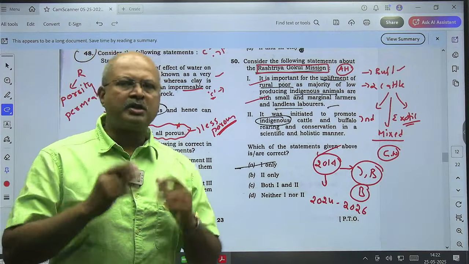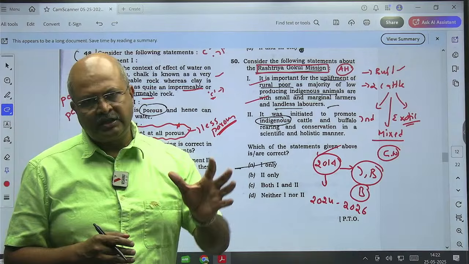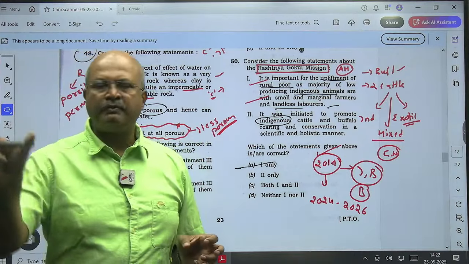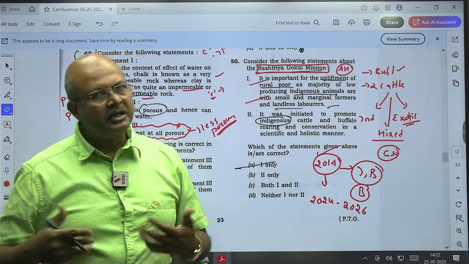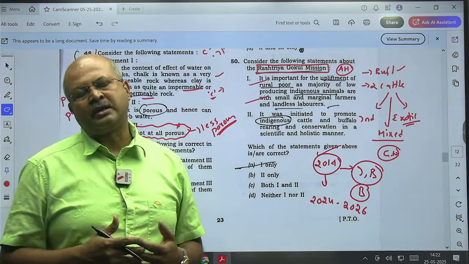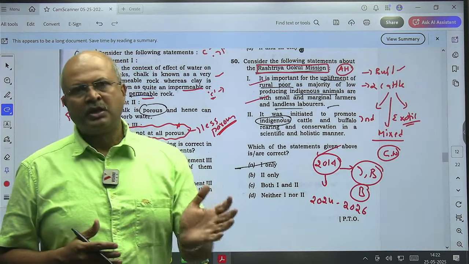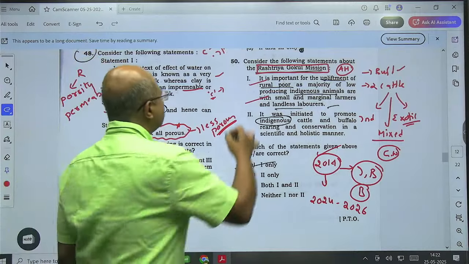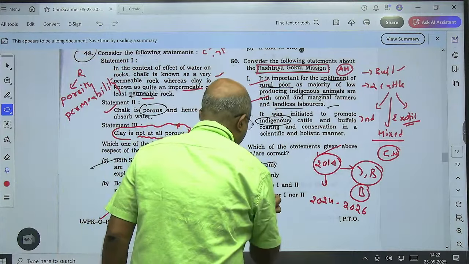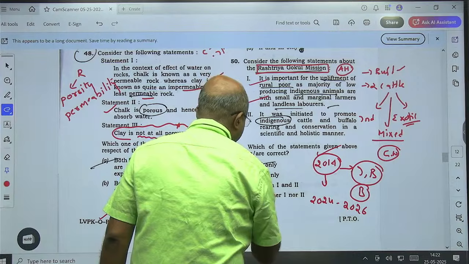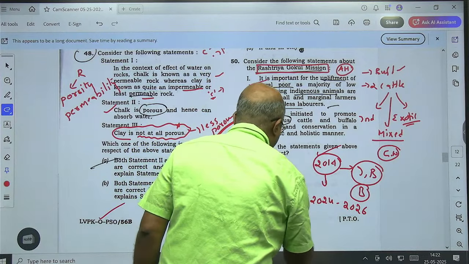They are carrying out all such activities by which the indigenous breeds of cattle and also buffaloes are protected, conserved, and improved so that their yield capacity can increase. So this is about the Rashtriya Gokul Mission. So both 1 and 2 are correct.